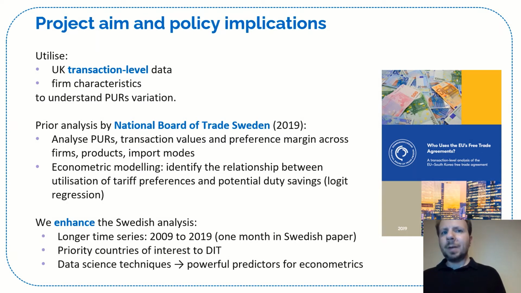I mentioned that in this work we use UK transaction level data and firm characteristics to analyze how PURs vary. There has been previous analysis in this area by the National Board of Trade Sweden in 2019 with similar objectives, and their econometric model identified the relationships between preference tariff utilization and potential duty savings, for which they used logistic regression.